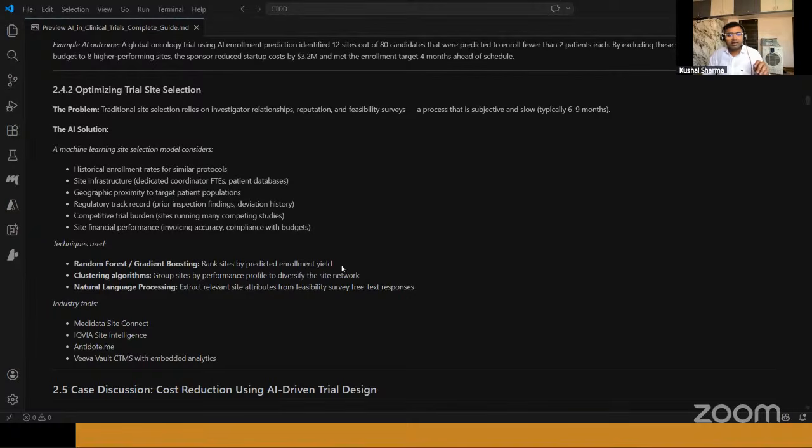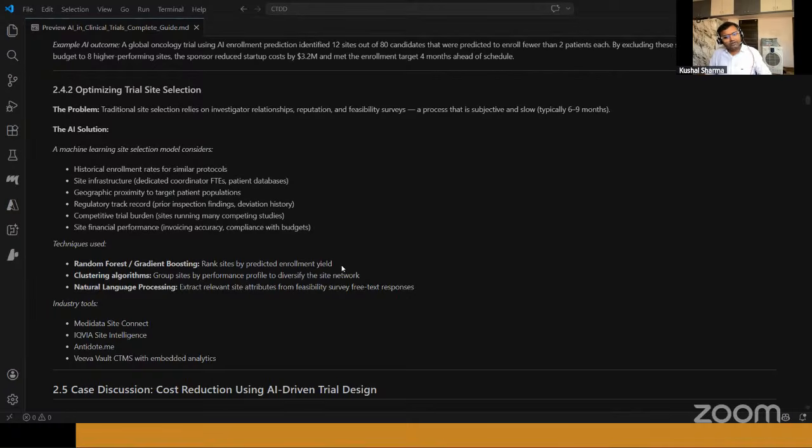The AI solution is a machine learning site selection model that will consider historical enrollment rates for the same protocols, site infrastructure, dedicated coordinator FTEs, patient databases, geographic proximity to target patient populations, regulatory track record, prior inspection findings, deviation history, then competitive trial burden, sites running many competing studies, site financial performance like invoicing accuracy, compliance with the budgets.